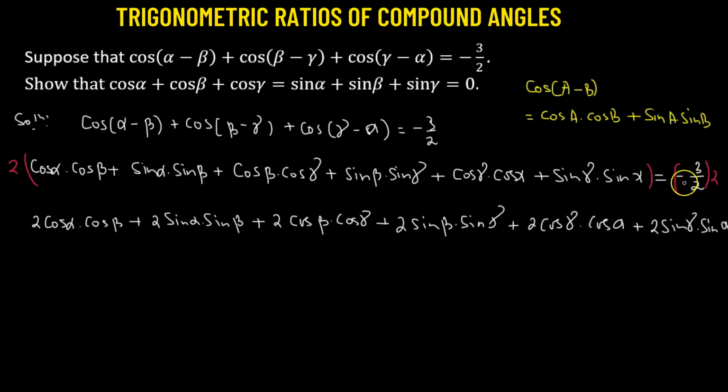On the right hand side, we have negative 3 over 2 times 2, so the 2s cancel and we are left with negative 3. We'll transpose that negative 3 to the left hand side, so we have positive 3 on the left hand side, and this will be equal to 0.